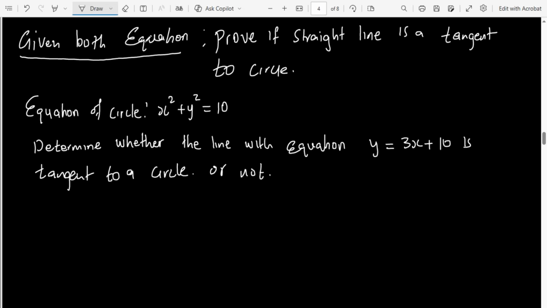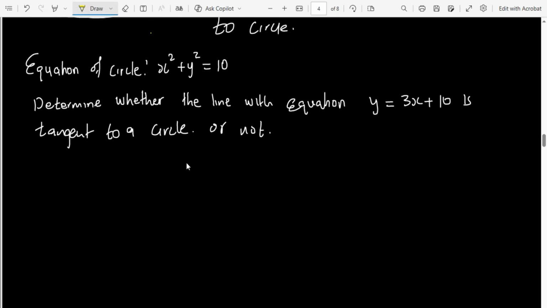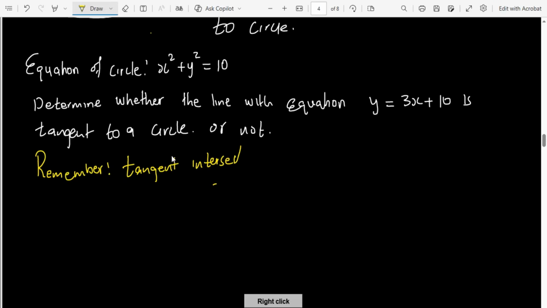So first thing, I need you to always remember this: in order for you to be able to do the proof, you need to remember that a tangent intersects a circle at one point.